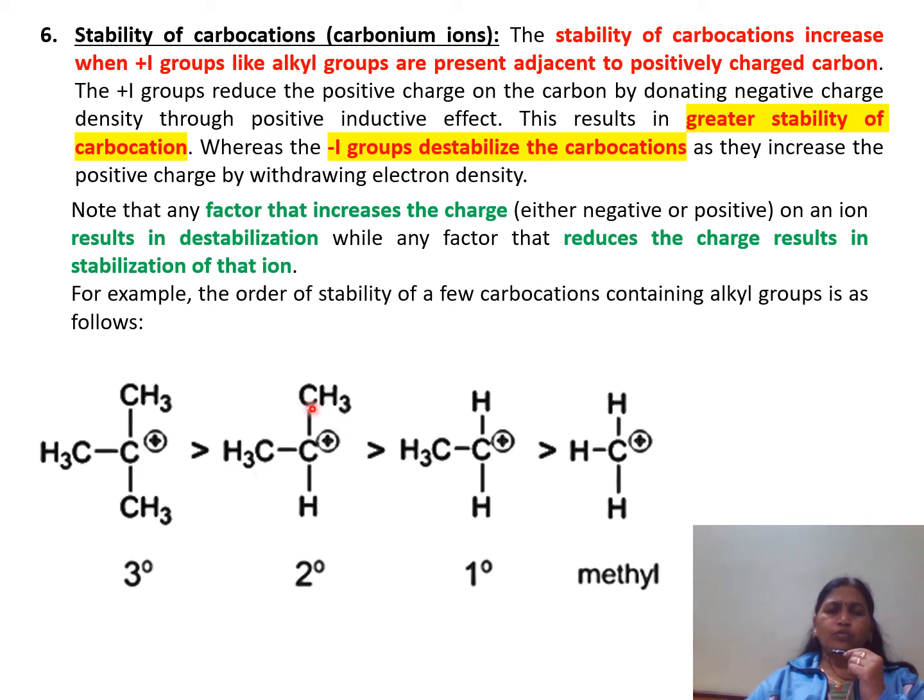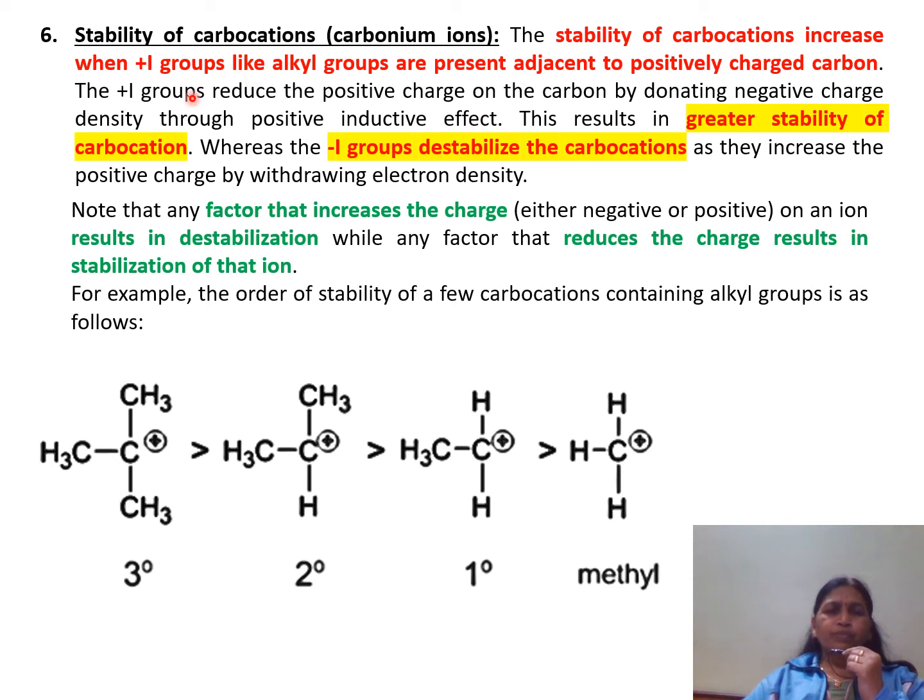Here there are two plus I groups. This will decrease the electron density on the carbonium ion, so the stability will increase. Here there is only one, and there are no plus I effect groups. So the greater number of plus I effect groups attached to the carbonium ion will decrease the electron density and increase the stability.